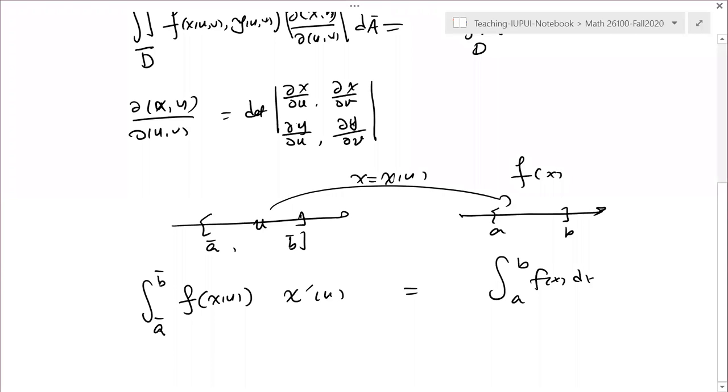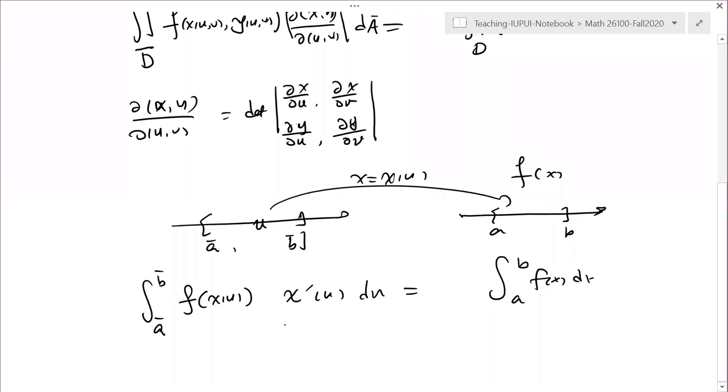Right now you only have one single function, so just a derivative. It's very similar to this case, but here it's only one single variable, so you have just the derivative of this function.